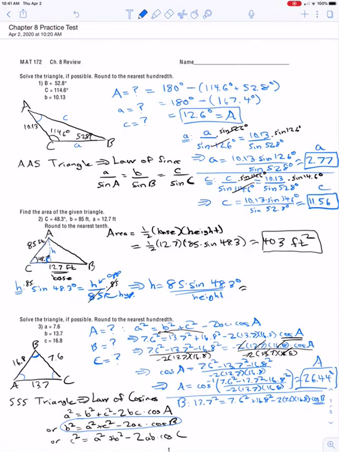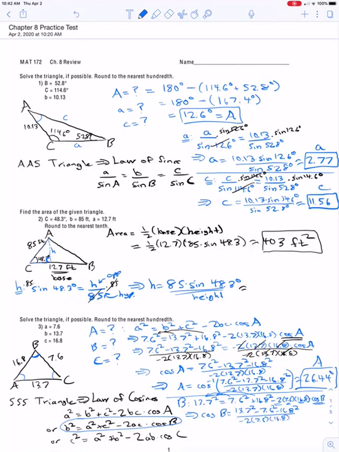So let's go ahead and do our work, our algebra. We need to subtract these over, move them over, and then divide out our coefficients. So in the end, I'm going to skip the step here. We know cosine B is going to equal 13.7 squared minus 7.6 squared minus 16.8 squared, divided by the coefficients, negative 2 times 7.6 times 16.8.